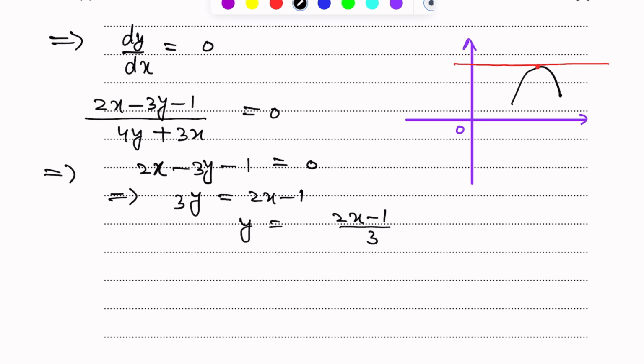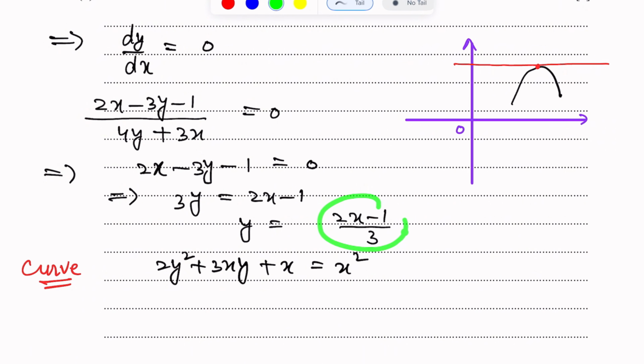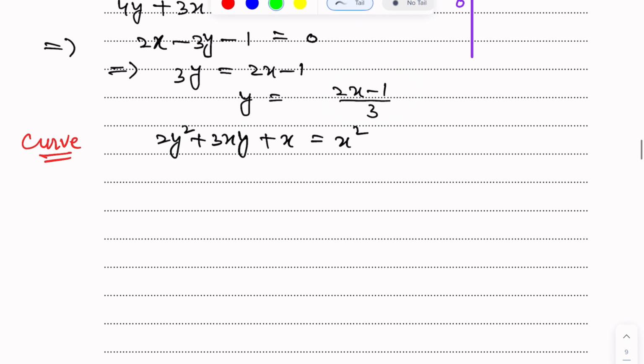Now the equation of the curve is 2y square plus 3xy plus x is equal to x square. Now we will solve these two equations simultaneously, putting the value of y, that is 2x minus 1 over 3, in the equation of the curve. We will get an equation purely in x.